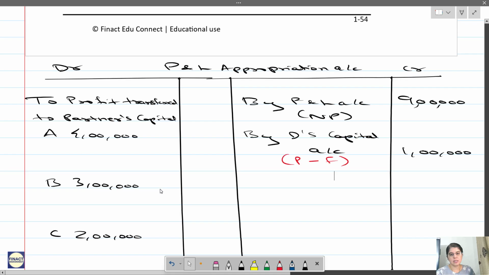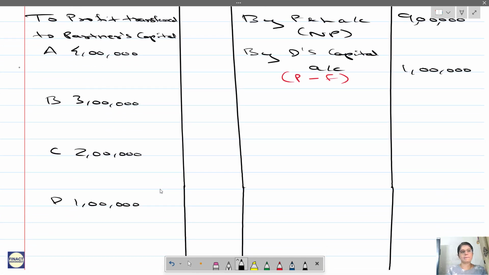Let us adjust this. Deficiency, this is 40,000, correct? Then from B we will take 30,000. So put it in the bracket.